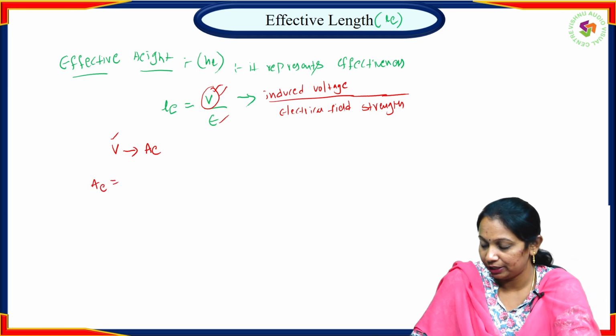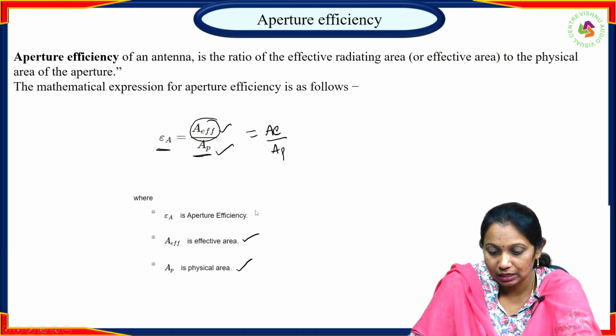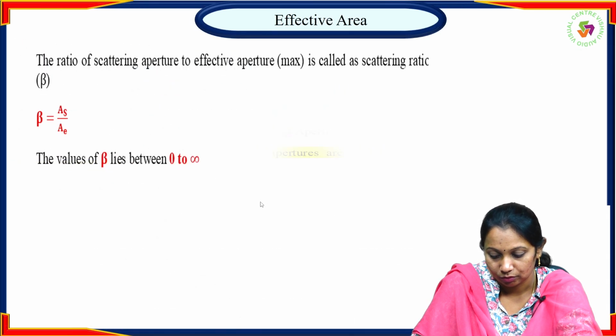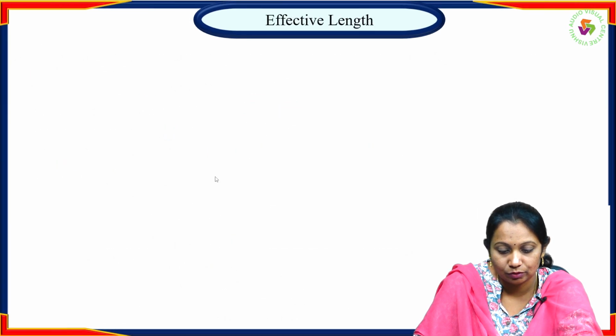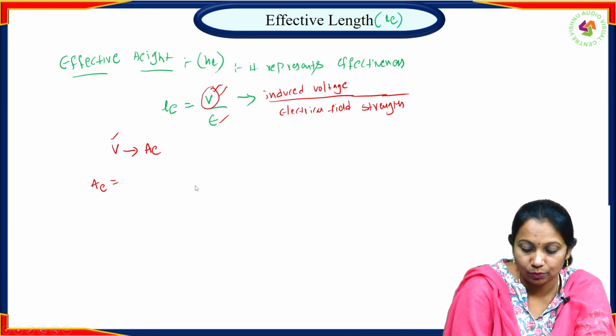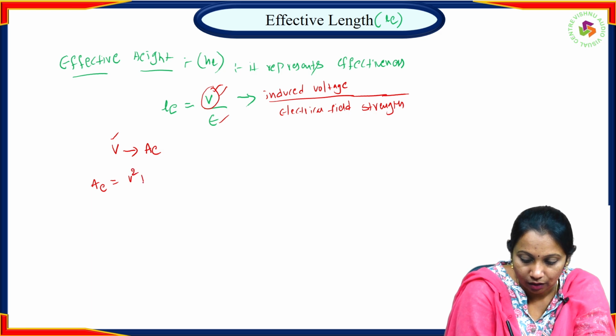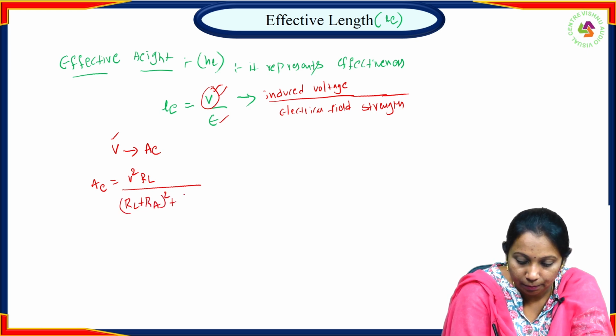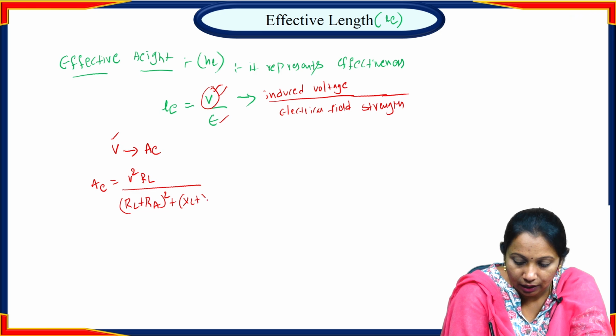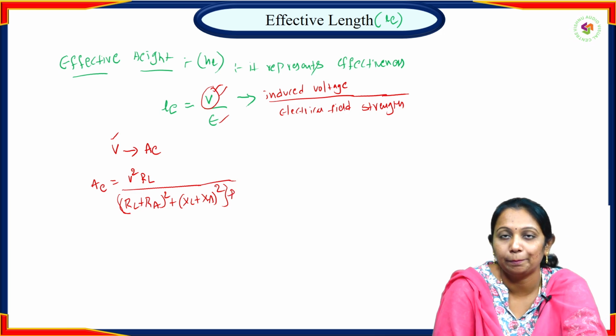AE is equal to V square RL divided by (RL plus RA) whole square plus (XL plus XA) whole square, into P.